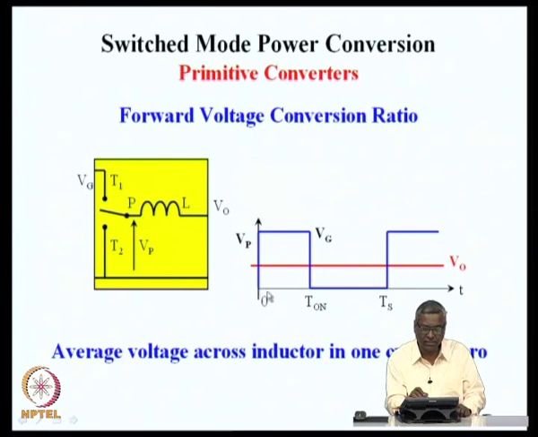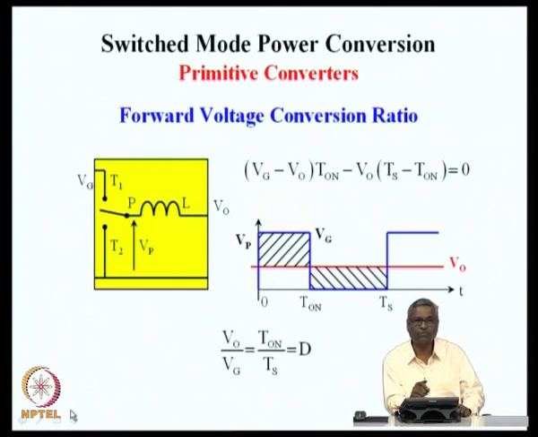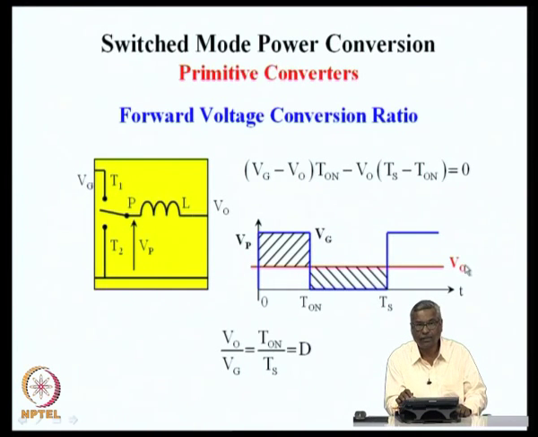So, from this waveform of the voltage across the inductor, it is possible for us to find out the forward voltage conversion ratio. From this, we can see that the inductor voltage is the same as Vp minus V naught.